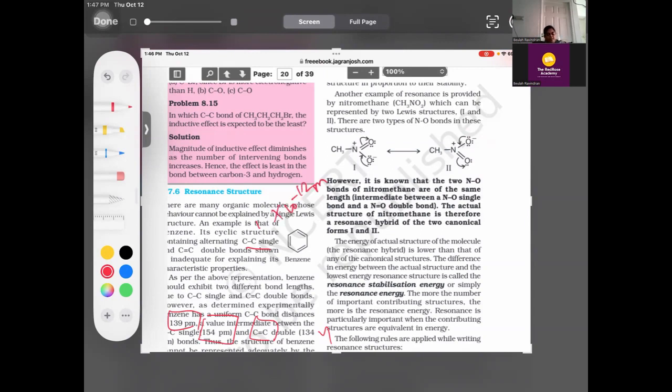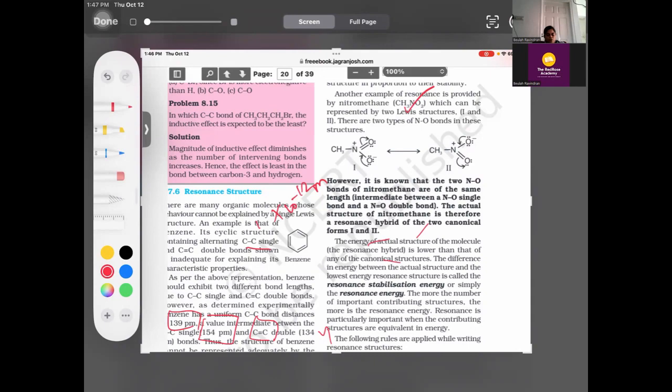Here we understand the same for nitromethane. So by developing this kind of resonance structure from the actual structure, this is called a stabilizing product. How is it known as a stable product? The energy of the actual structure is lower than that of the canonical structures.